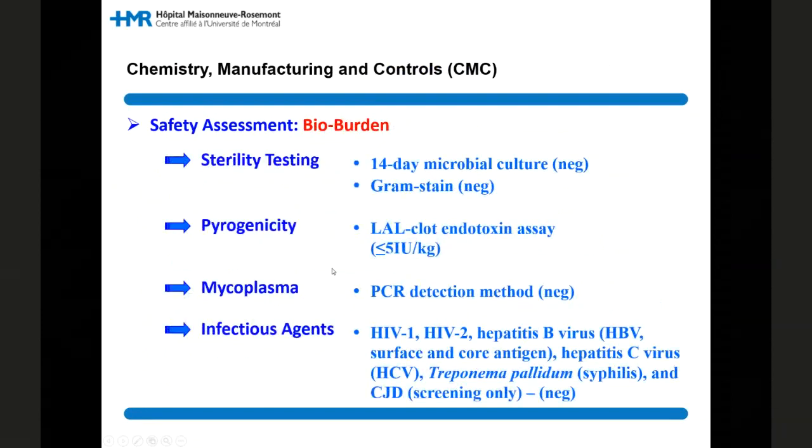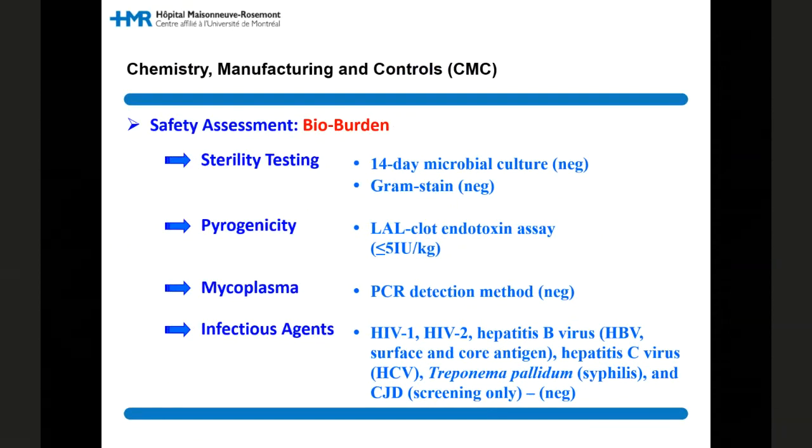So in terms of, in the end, what you need is a product that has bioburden evaluation, so sterility testing, so 14-day microbiology culture, and obviously if you do that, you will need to freeze your cells.